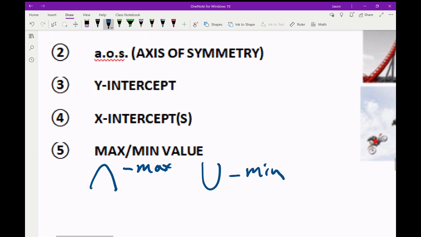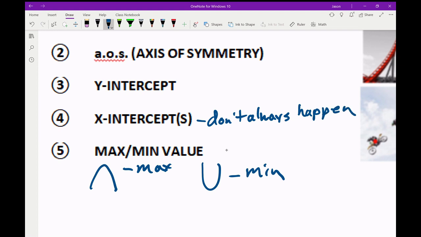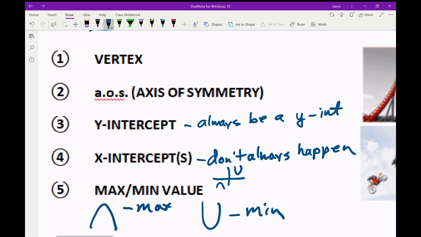Now, x-intercepts don't always happen. This is why: sometimes you could have a graph that opens up above the x-axis, or opens down and is below the x-axis. But there will always be a y-intercept. All you have to do is look for that on the graph.